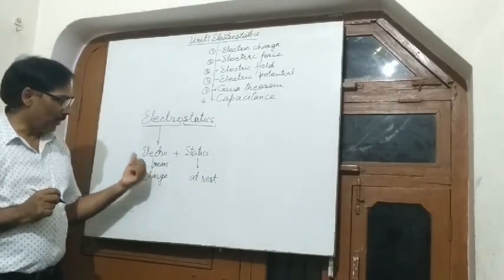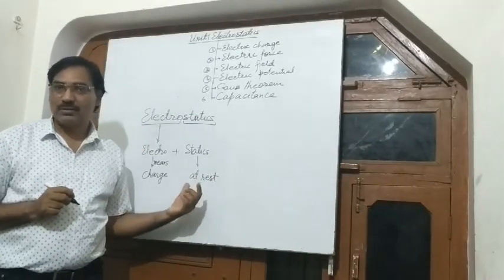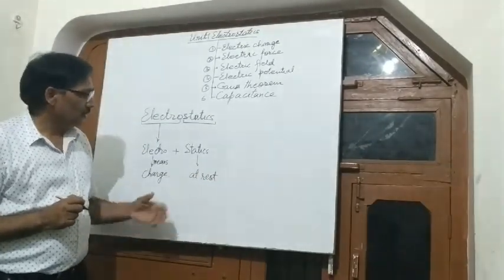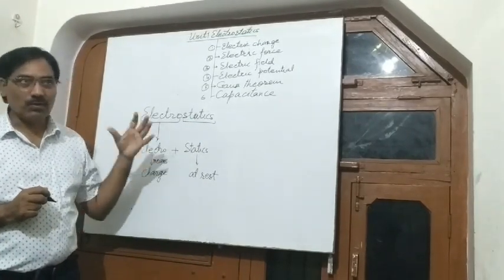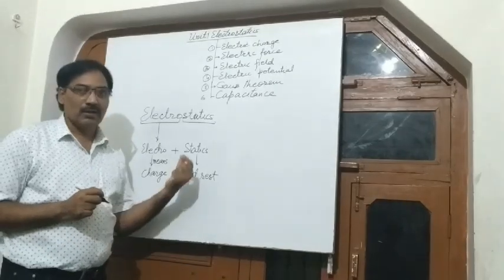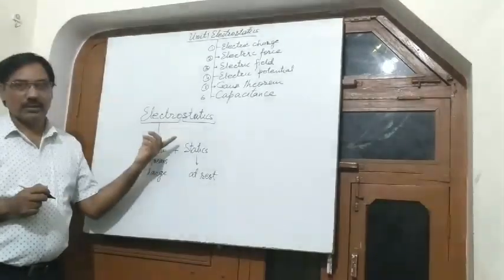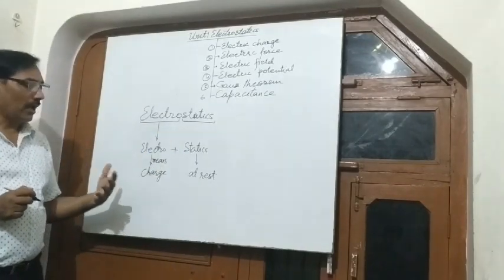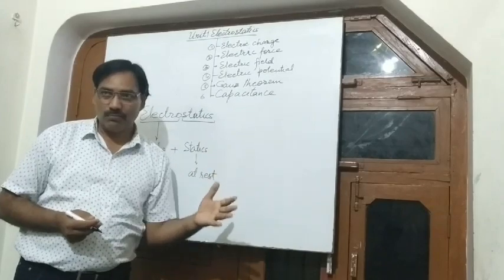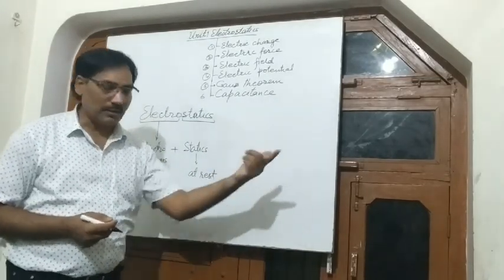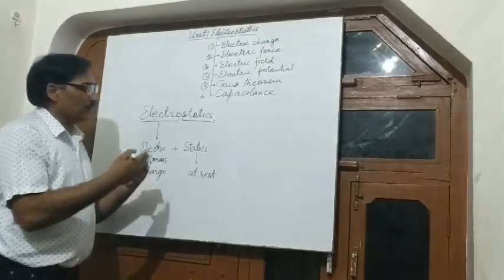Why are we applying this condition here? Condition of stationary charge. क्यों हम कह रहे हैं ये कि चार्ज एट रेस्ट? रुके हुए चार्ज, जब चार्ज रुका हुआ है, मूव नहीं कर रहा है, उस वक्त उसके क्या क्या इफेक्ट्स हैं वो हम यहाँ पढ़ते हैं. It means it has other effects also when it starts moving. जब चार्ज मूव करना शुरू करता है, चलने लगता है किसी कंडक्टर में, when it starts flowing, then it exerts some other effects.